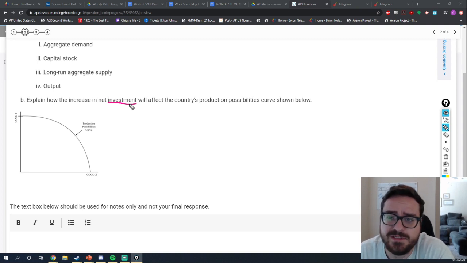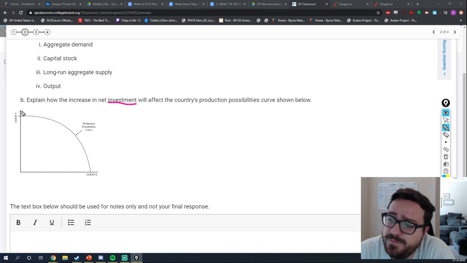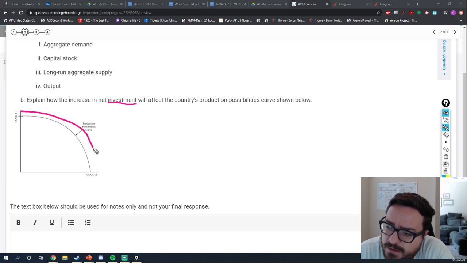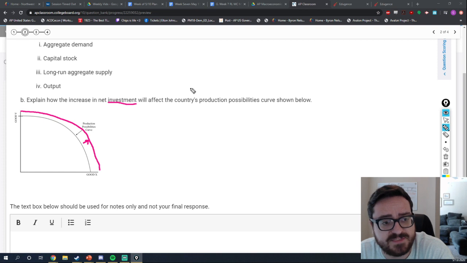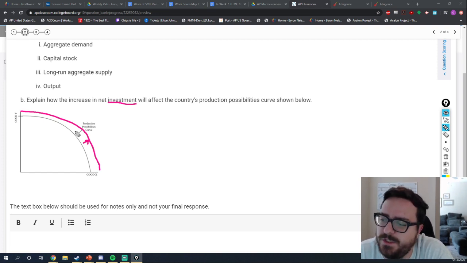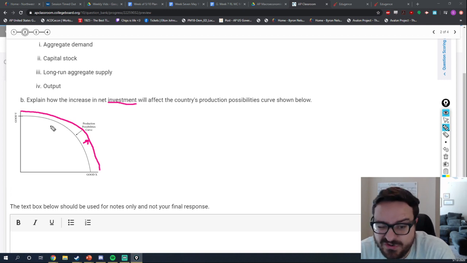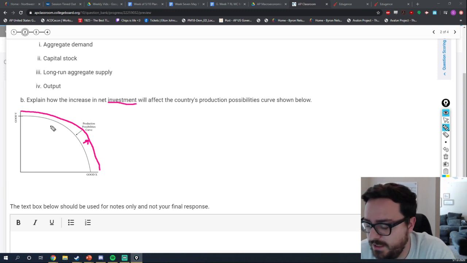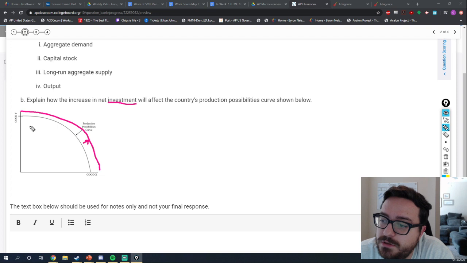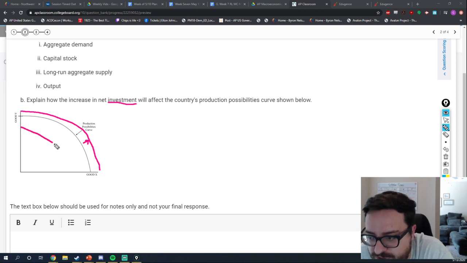If you've got more technology, machinery, and tools, you should be able to produce more of good X and good Y. So this is what would happen in this problem, because the increase in investment spending should lead to an overall increase in our ability to produce. So the production possibilities curve should shift outward. If you had a decrease in capital or a decrease in labor or a decrease in technology somehow, then you would see the curve shift inward.